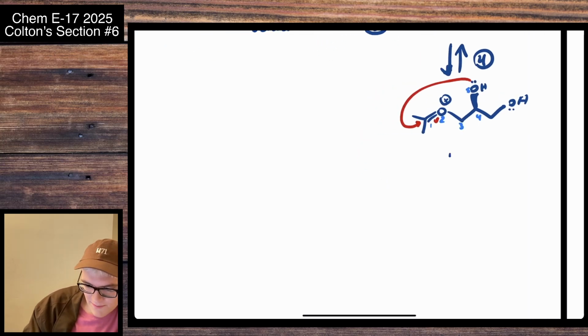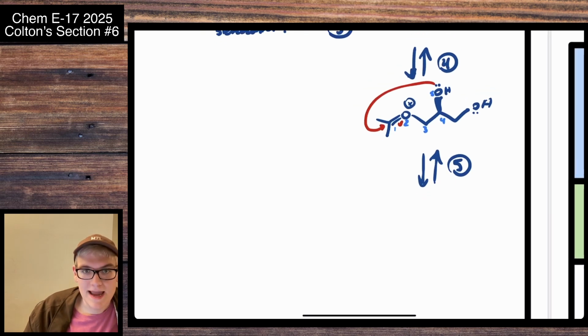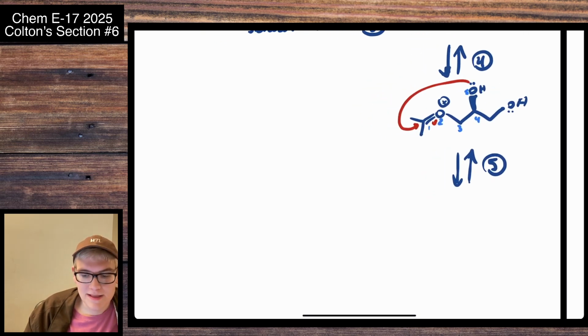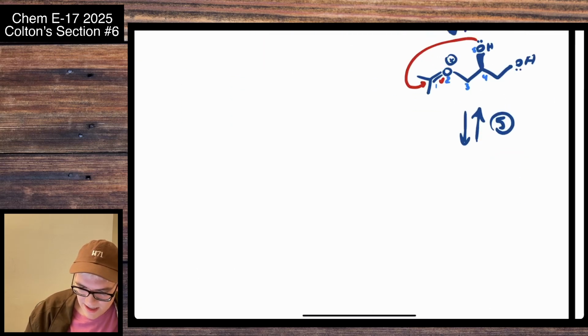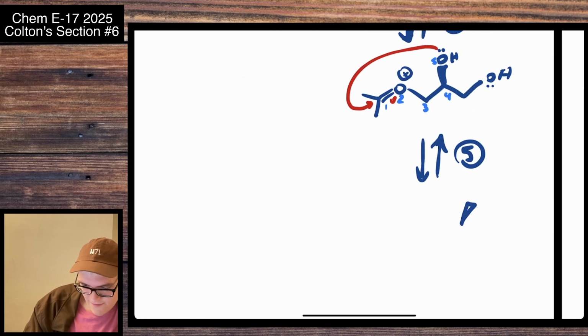And now, to help me out for step number 5, I'm going to just draw a 5-membered ring, and I'm going to make it look like the product, and then I'm going to number things. So I see in my product, we have a 5-membered ring that looks like this.